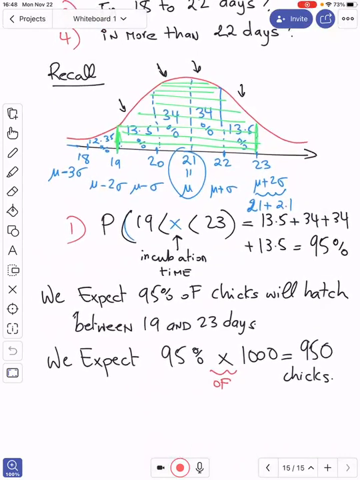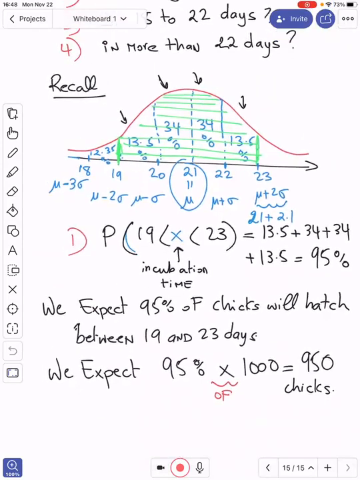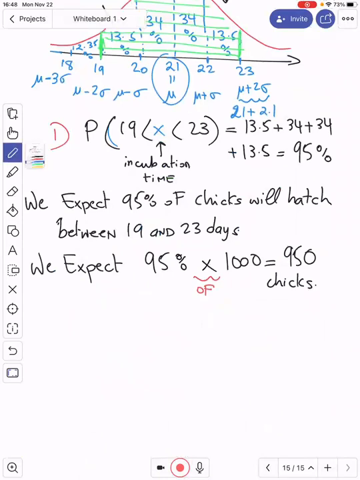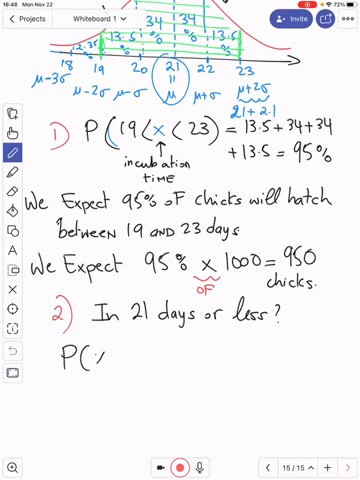Any other question, guys? All right. Then what about number 2? Number 2 says in 21 days or less. Any guess what the probability will be that the incubation time is less than 21?